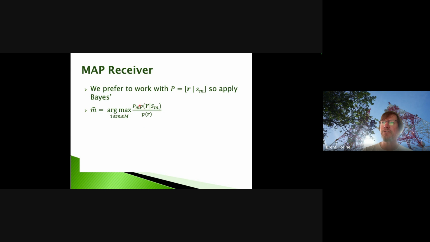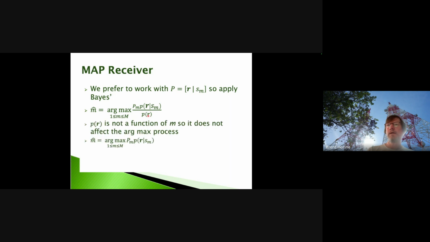So M is just an index of the particular symbol, right? So what is the probability that a particular symbol is sent, right? Divided by this probability of R, right? So this is just Bayes' formula or theorem. You can go back and look at that from the random variables presentation, right?